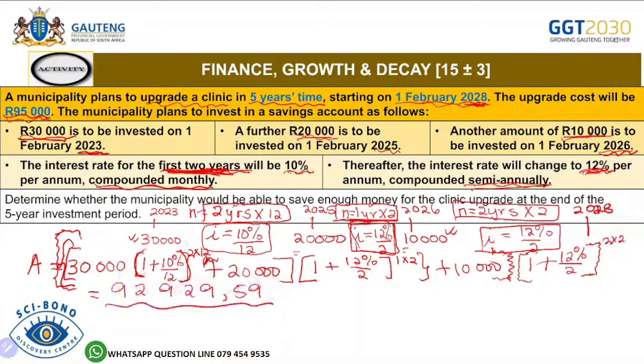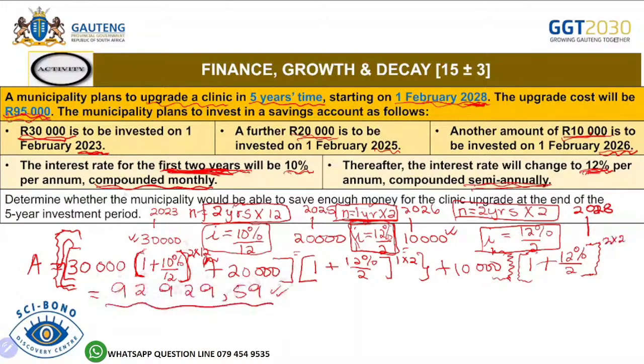Now let's compare. Remember, the question says determine whether the municipality will be able to save enough money for the clinic upgrade at the end of the 5-year investment. Yes, we have invested this money according to the different types of investment and different rates, and eventually after 5 years in our account we found that we now have 92,929.59. But remember, our target was 95,000.